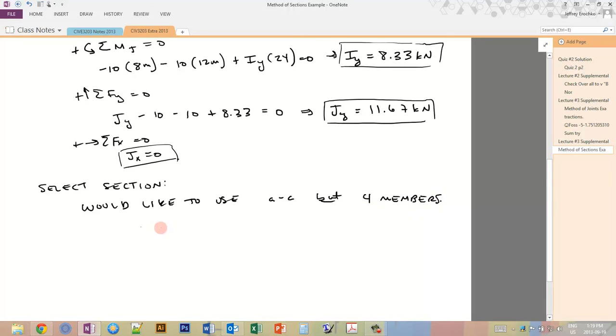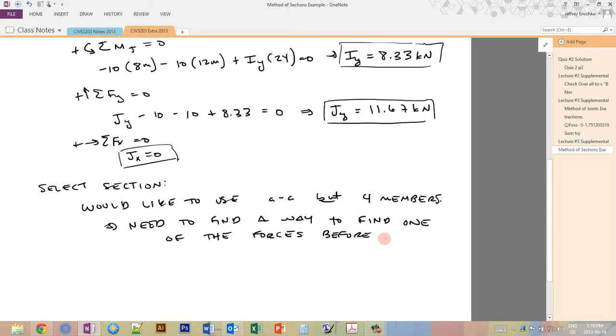So what we need is to find a way to find one of these forces before we do the main sectional analysis.